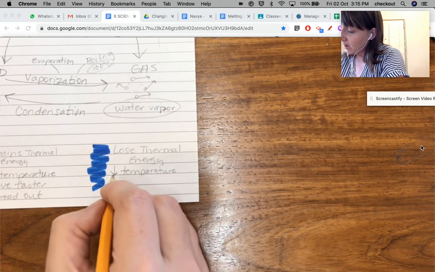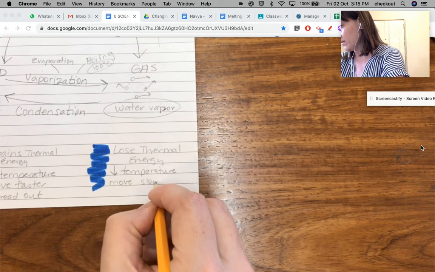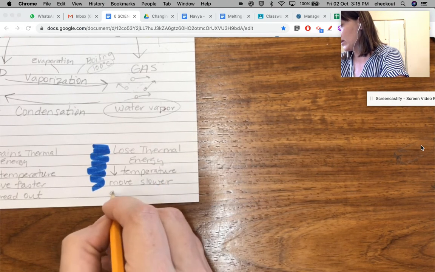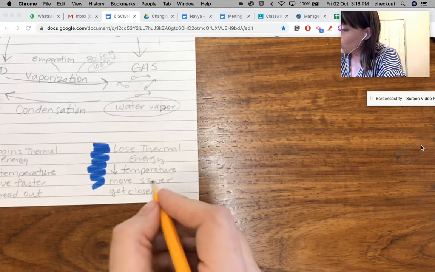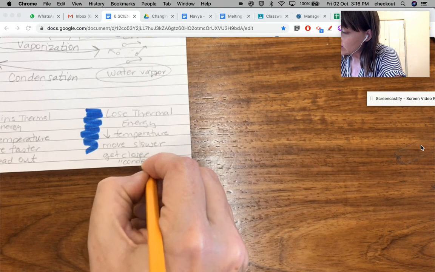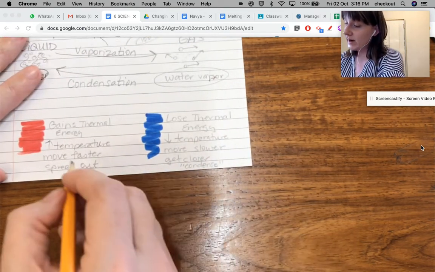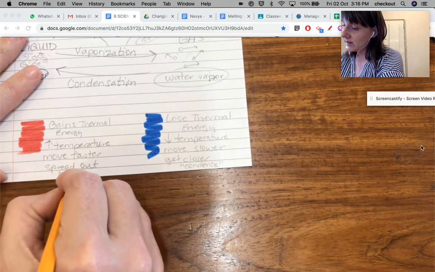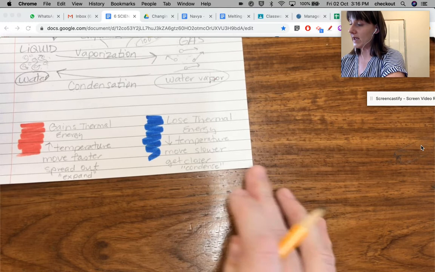The particles move slower and they get closer. The word for this is condense. So particles getting closer is condense. Particles spreading out, the word for that is expand. Might as well use the science vocabulary if we've got it.